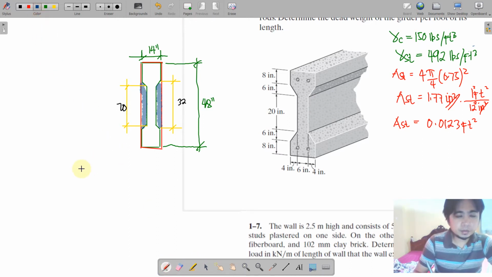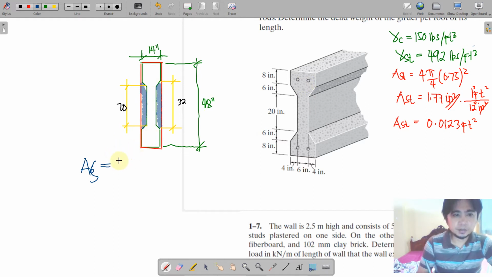So we have now, perhaps we can designate that as the gross area for the concrete. Why do we name it the gross? Because by and by we're going to deduct the area of steel, because there are spaces that were occupied by the steel. Again, AG.